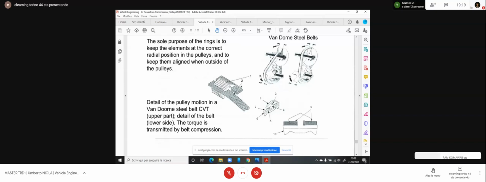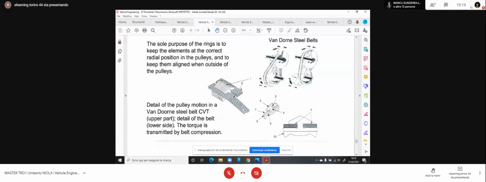This is the automatic disposition. Increasing the speed, you have centrifugal forces closing the primary pulley, and the secondary pulley is forced to open. And so this is the final disposition at the top speed. Okay. Or you have all the intermediate possibilities without any step in transition.